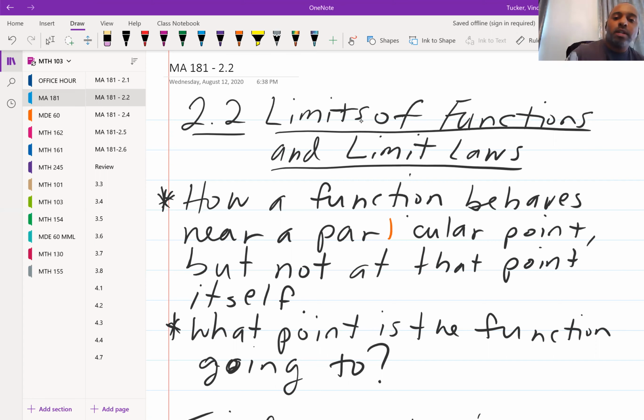So as it goes toward that point, how is the function behaving, or what point is the function going to?